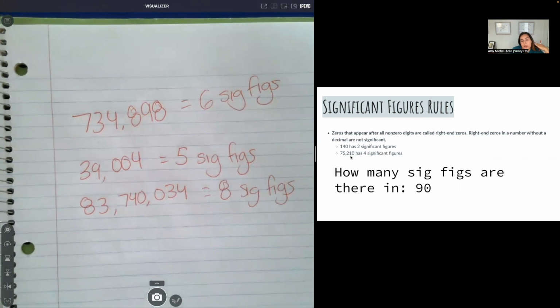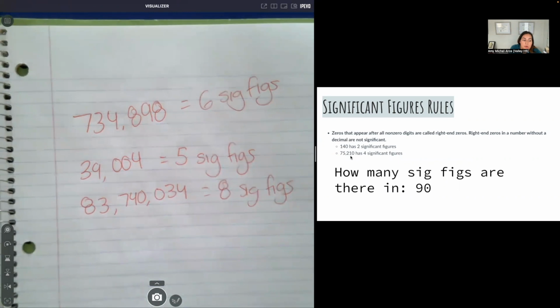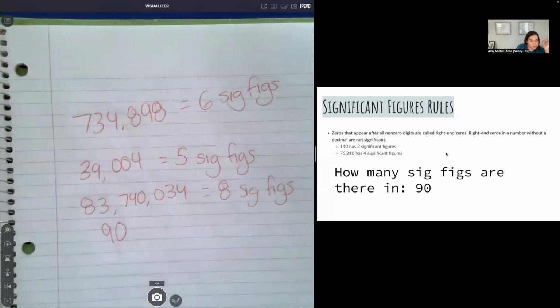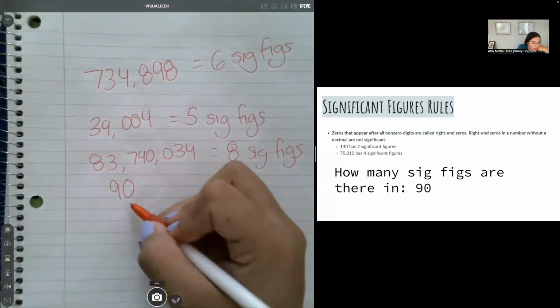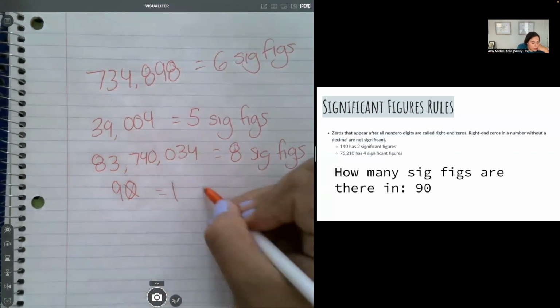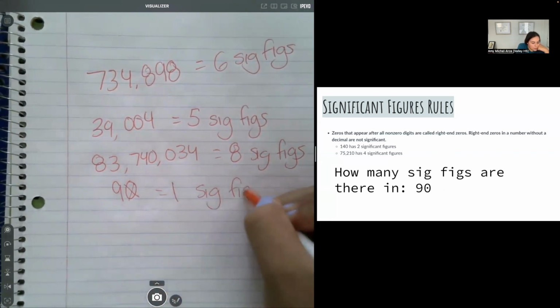That 0 at the end is not significant. 75,210, that 0 on the end is not significant, so we have the number of numbers 1, 2, 3, 4 significant figures here. How many significant figures are in the number 90? If we say that right end 0 is not significant, we just have the 9. This is one significant figure.